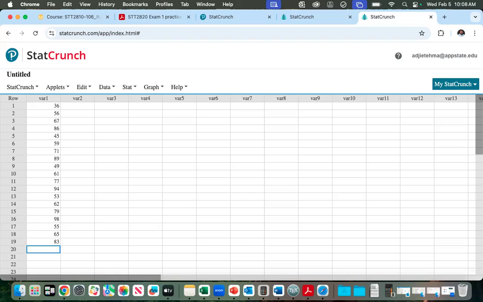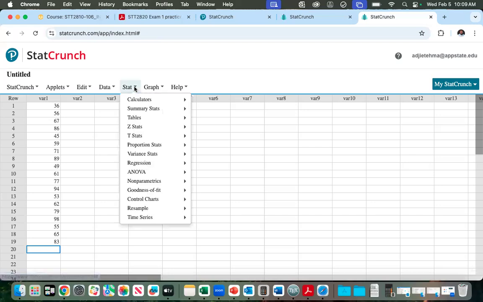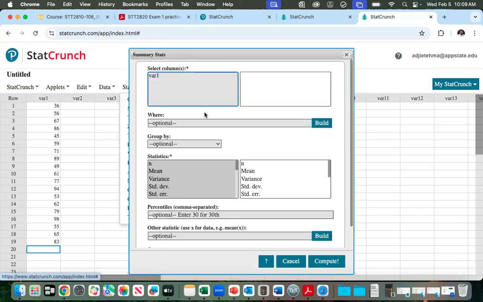So I have successfully inputted my numbers. I was told that the test scores are for 19 students, and I can see from here that I have 19. Now we want to find the upper hinge. I have already told you the upper hinge is the upper quartile. So to do that, same thing: stats, summary stats, columns.